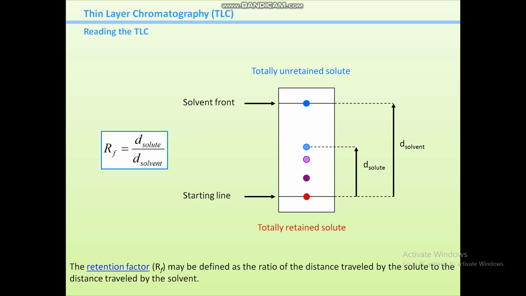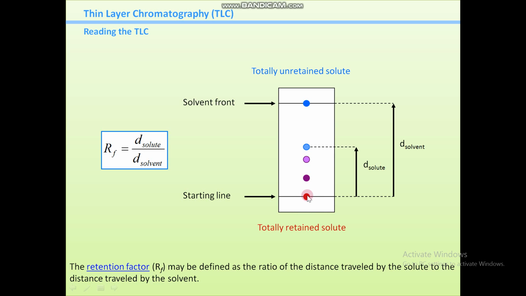Because of this volatile solvent, you should place this entire strip in a closed container, and the solvent moves up. The mobile phase starts to move up and meets the sample, and the sample mixture is dissolved and carried by the solvent.